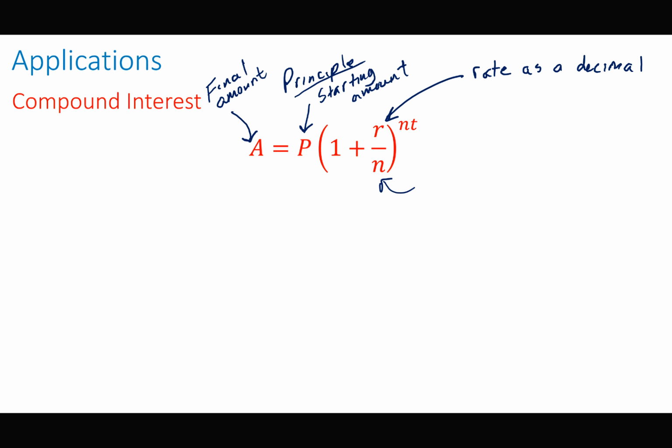What about this N? So that N represents. Anybody remember what that N is? So this is the number of times compounded annually.